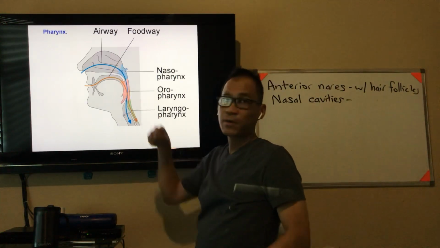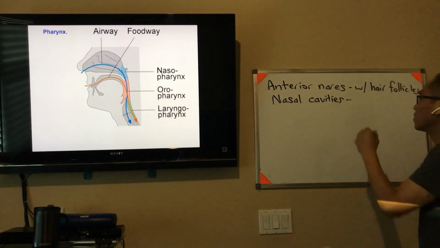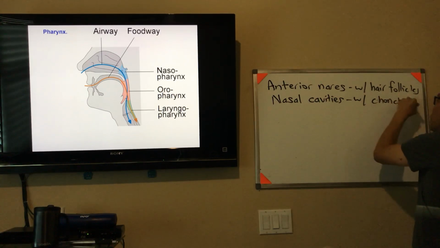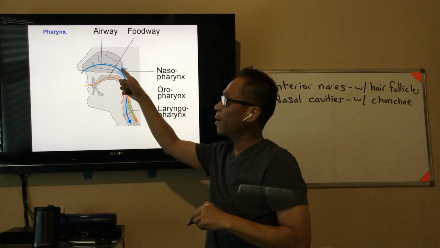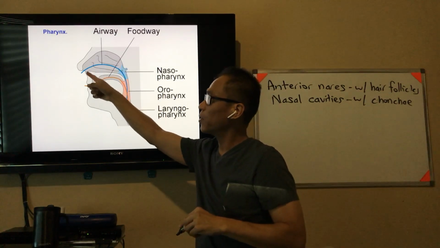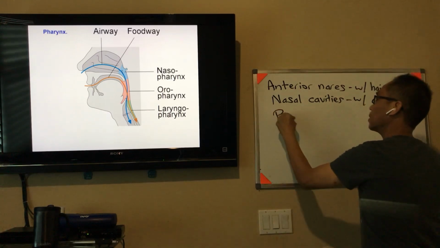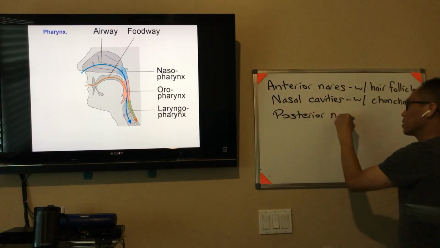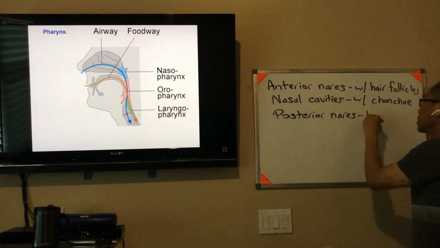Superior, middle, inferior conchae, which help break up the airflow. And you get right here, call that posterior nares, anterior, posterior nares. Just think of the posterior nares, this is the imaginary border that leads into the pharynx.